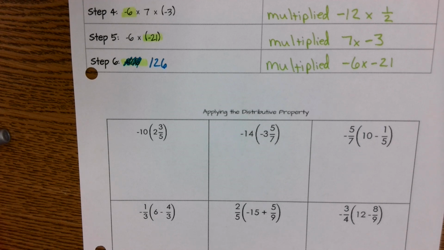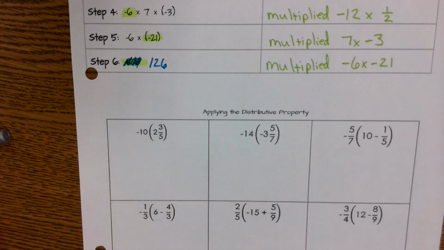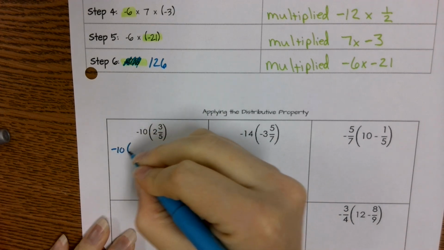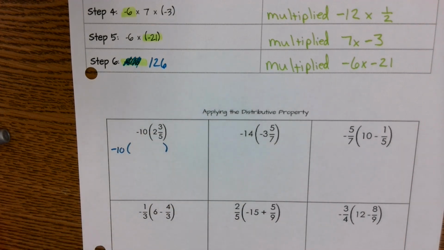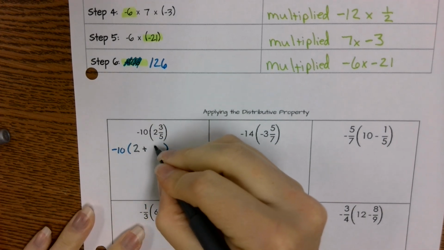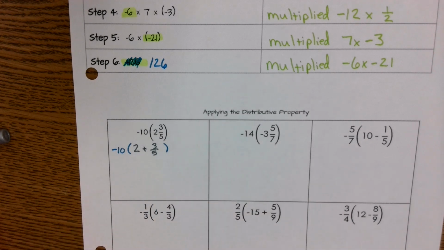So I'm going to rewrite this where negative 10 is on the outside of a quantity, and the quantity on the inside is my whole number plus my fraction. So I'm doing 2 plus 3/5.